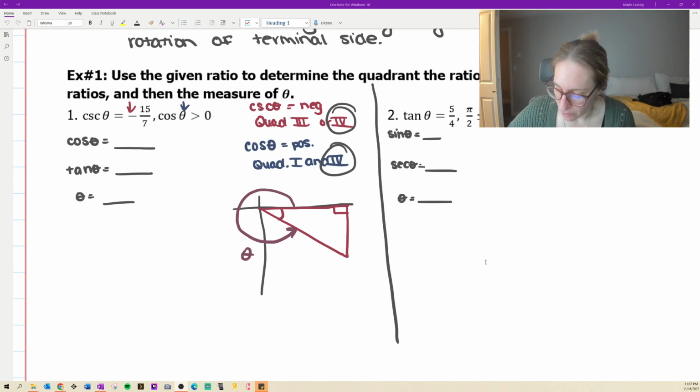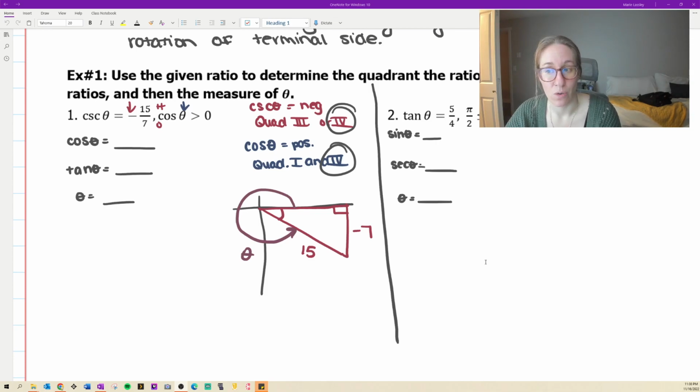Okay, so we are now going to use the ratio they gave me, which was cosecant, to set up this triangle. All right, cosecant is hypotenuse over opposite. So my hypotenuse is going to be 15 and my opposite is going to be -7. All right, if you are wondering how I knew that the 7 was what was negative, that's because the hypotenuse can never be negative. All right, so it has to be my opposite side.